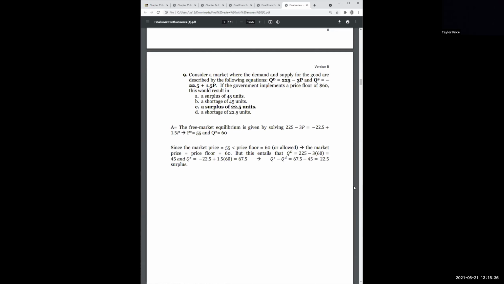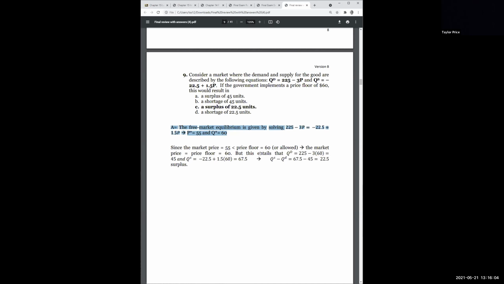Okay, yeah, so for this one, when you see that they say a government implements a price floor of $60, all you really need to do is plug that in to see what is going to happen to both sides. The first thing you want to do is find the free market equilibrium.